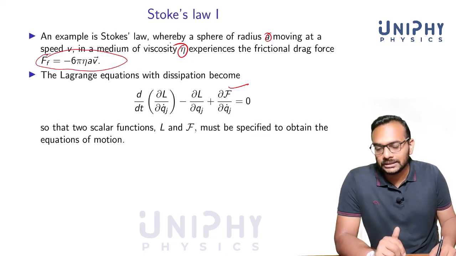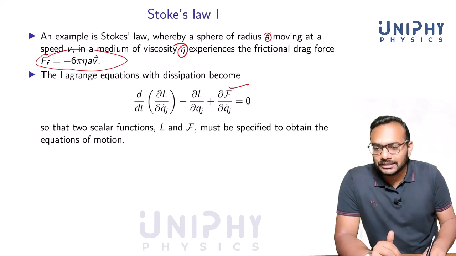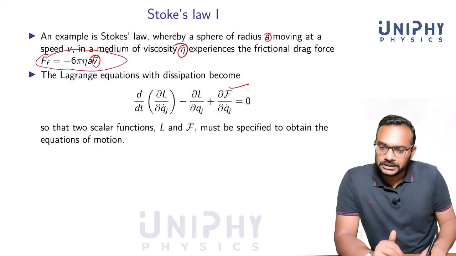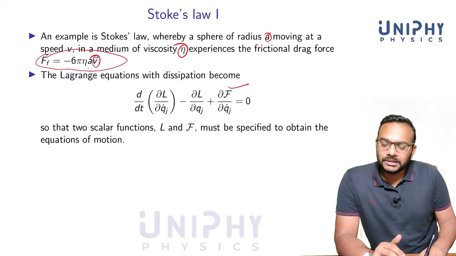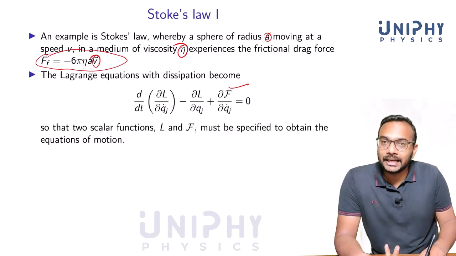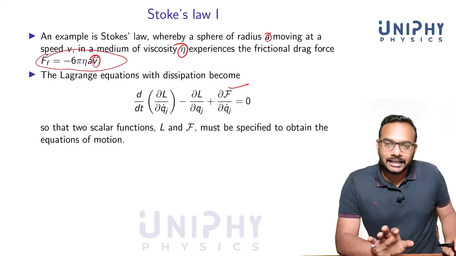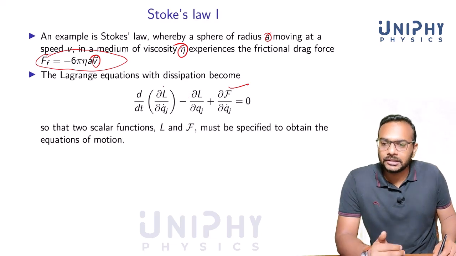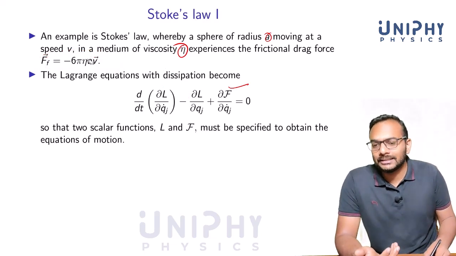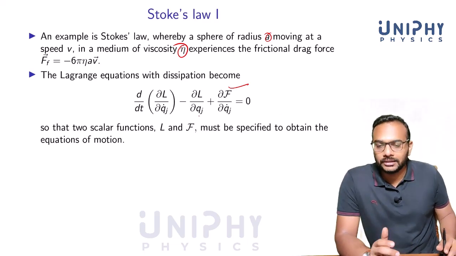This is a standard thing that you have to remember, and clearly this is proportional to velocity. But we see that here kx, ky and kz are equal. It's 6πηa, so in a way it's isotropic in that sense. kx equals ky equals kz equals 6πηa, and clearly this can be written in terms of the Rayleigh dissipation function, and you can get the equation of motion.